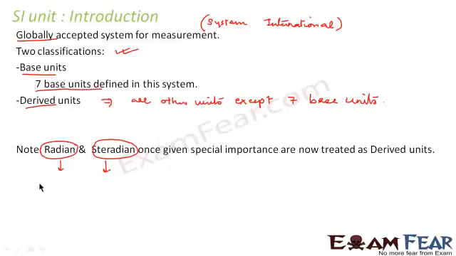Radian is the unit to measure angle, angular measure. And steradian is the unit to measure solid angle. Okay, so this was just a piece of information for you that radian and steradian are nothing but derived units.